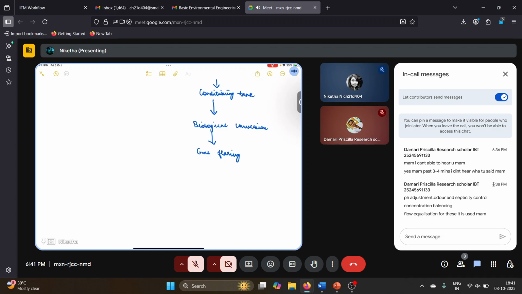And after biological conversion, the liquid comes to the aeration tank. So what is the purpose of an aeration tank? Why do we need an aeration tank?